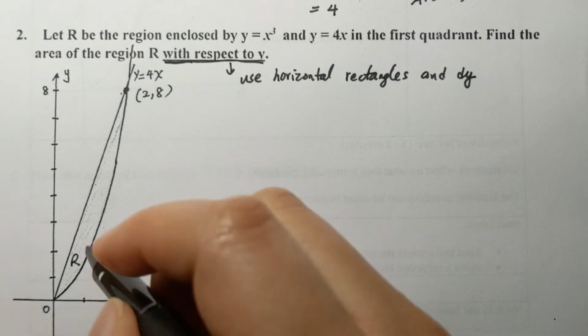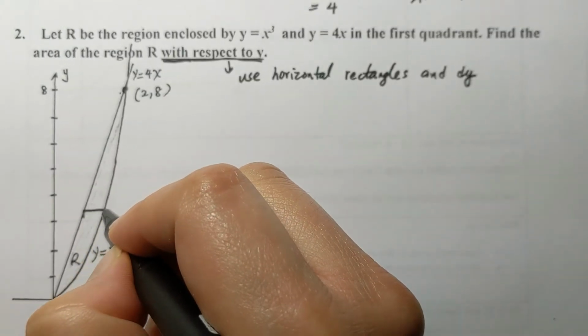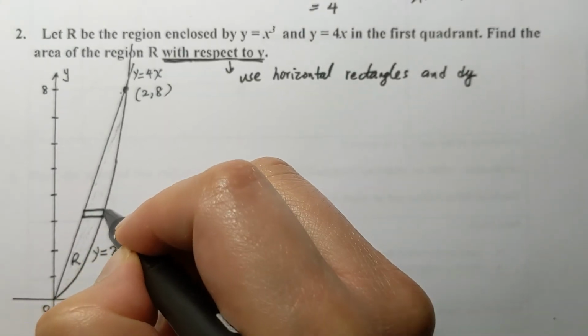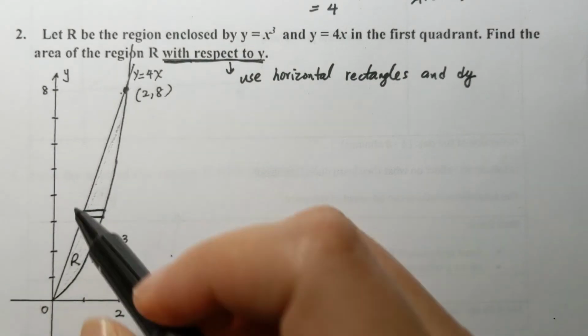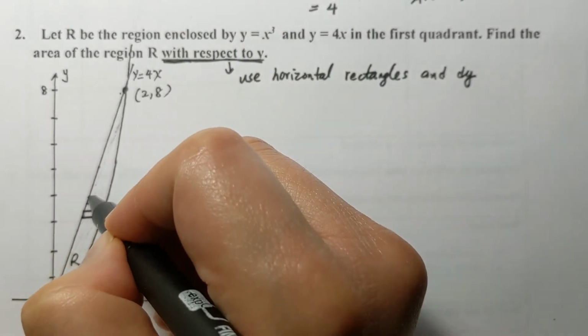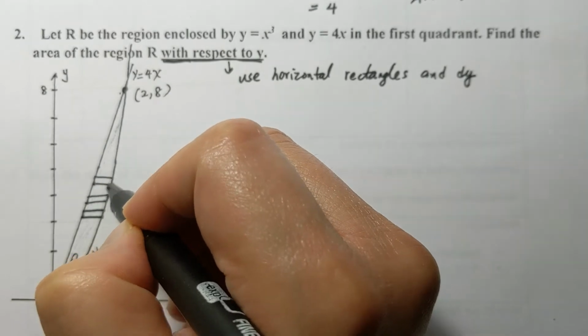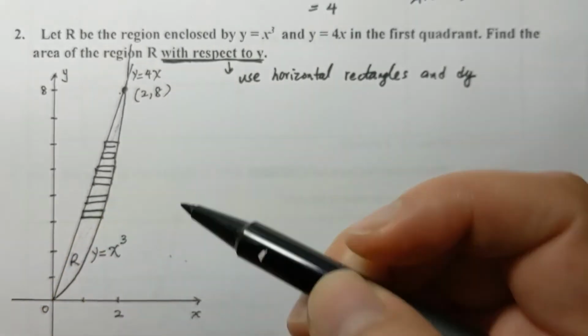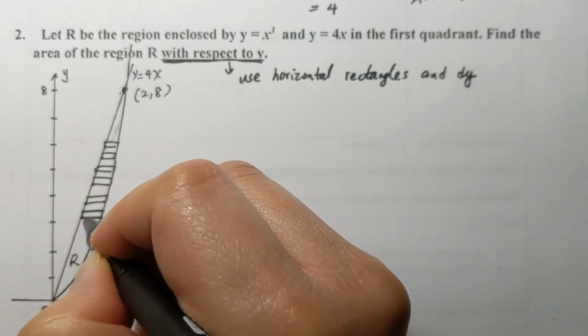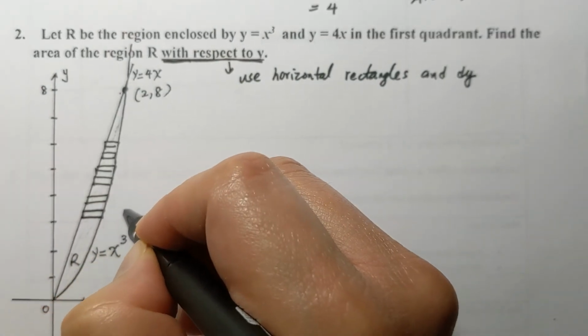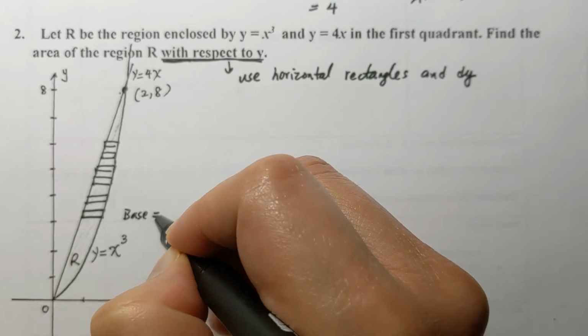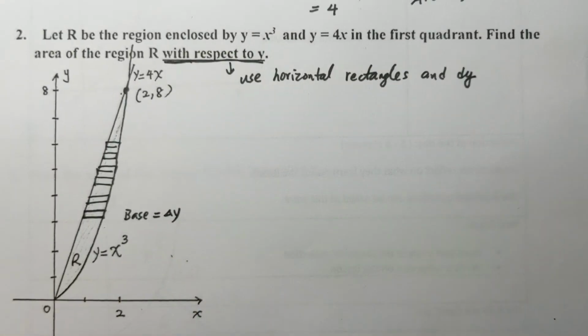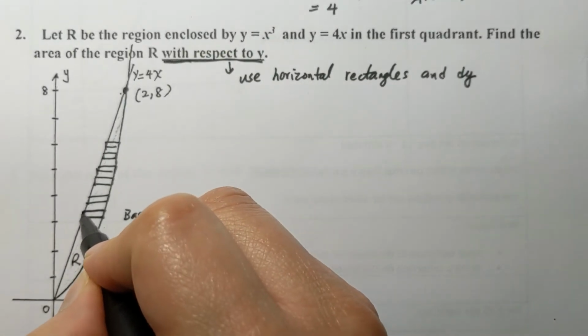So now you are going to draw horizontal rectangles, infinitely many of them. For each rectangle, the base is delta y. Look at this one over here.